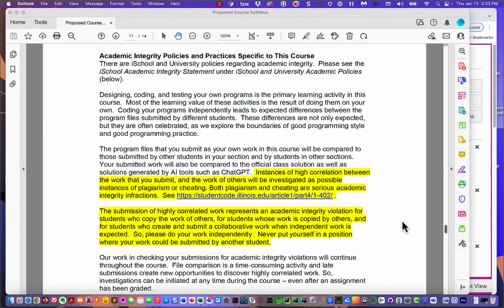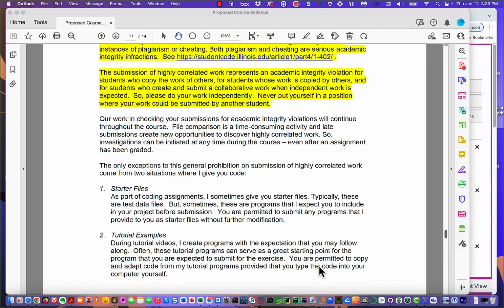Except for programs that I give you, which are starter files, or tutorial examples that I show you in a video, I'm expecting all this code to be yours individually. And I'm going to compare the programs, so I'm going to expect them to be different.